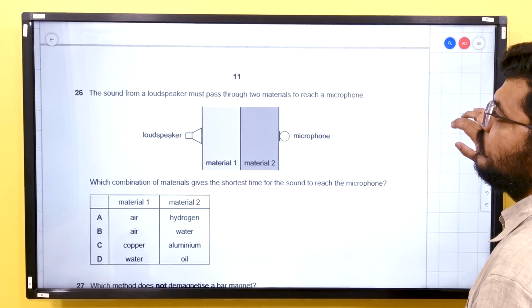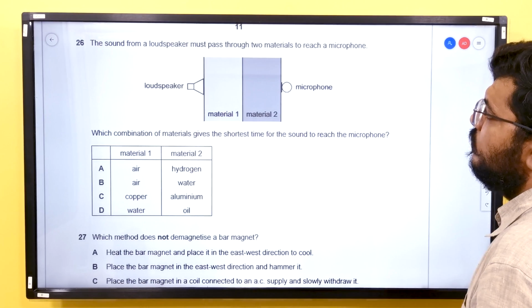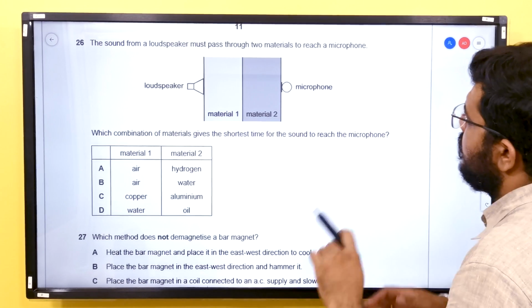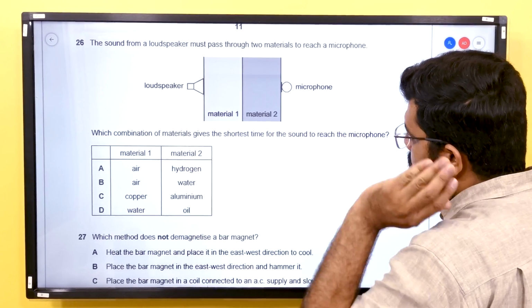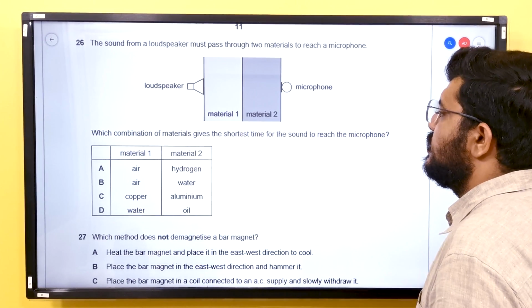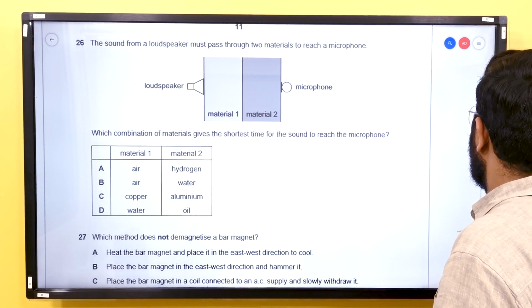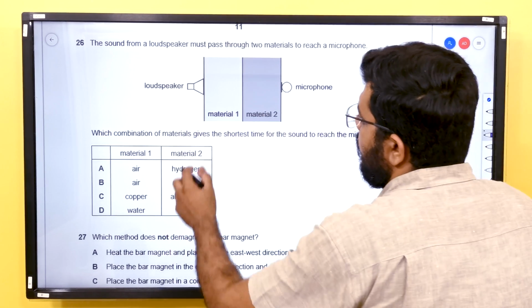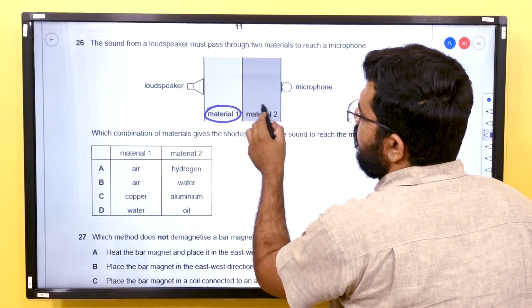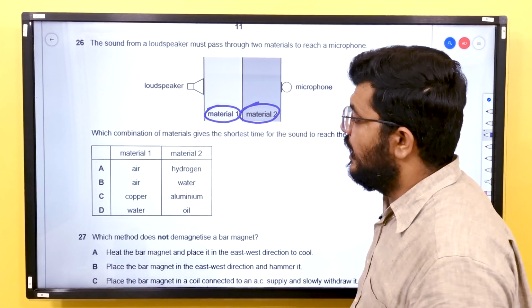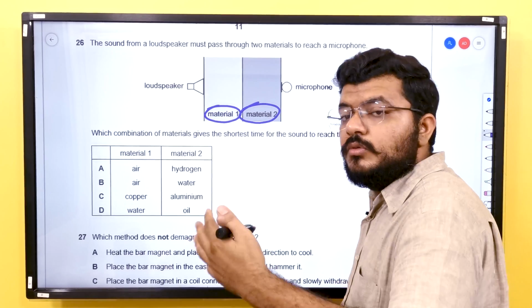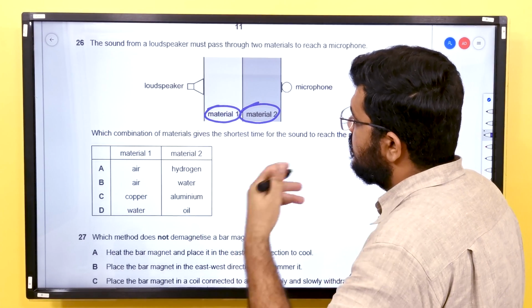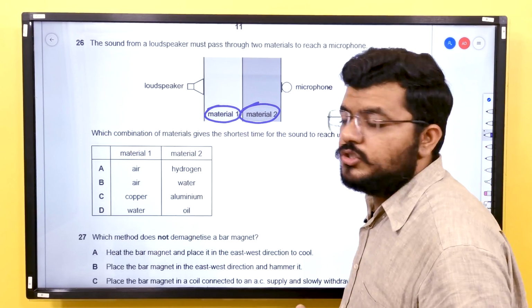Okay, next question. The sound from a loudspeaker must pass through two materials to reach a microphone. Which combination of materials gives the shortest time for the sound to reach the microphone? Now what happens is that material 1 and material 2 should be such that they allow sound to travel fastest. Now we know sound travels fastest in solids.